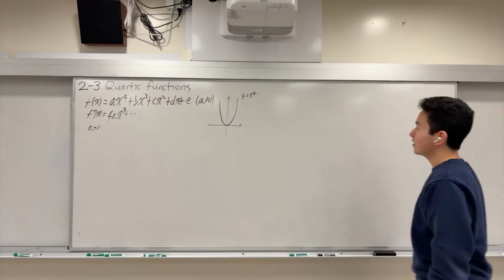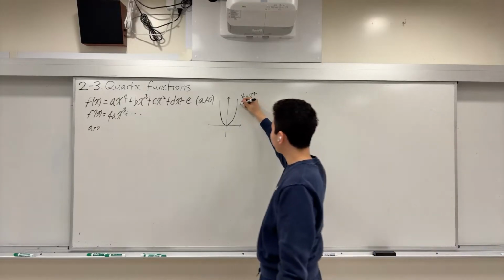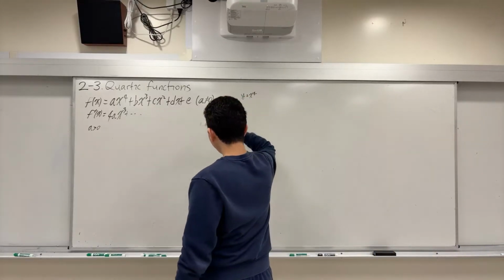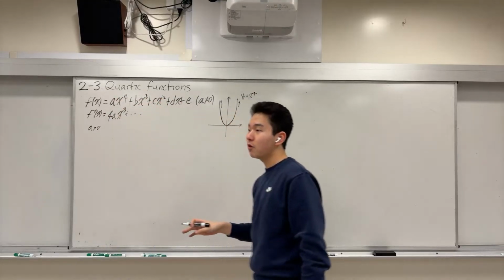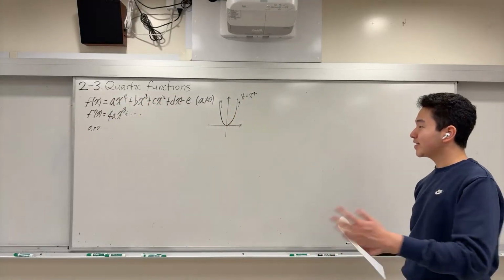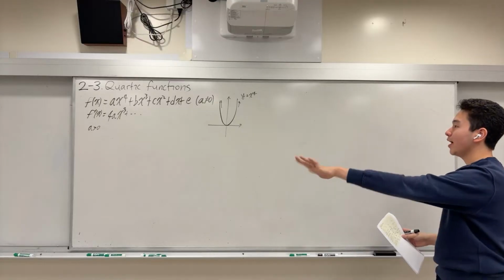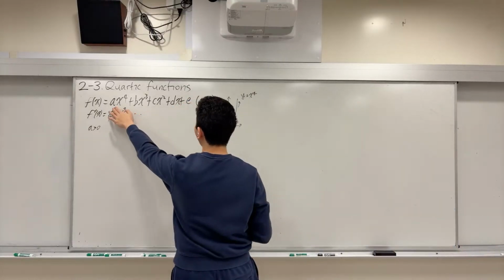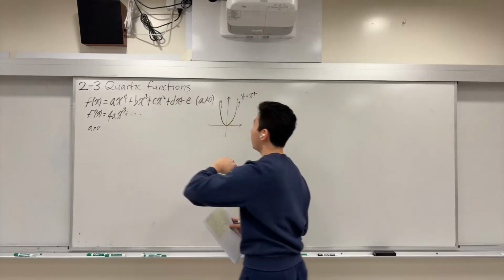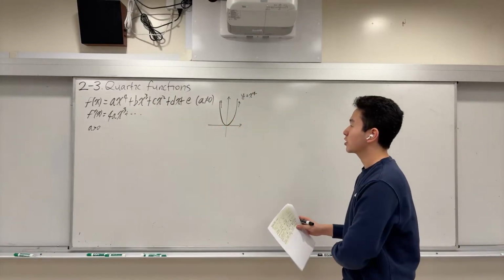So all you want to check here is the end behavior. This x to the power of 4 term will basically dictate how things go at positive and negative infinities. This will grow or shrink far more than any of these terms will when we get to very large or small numbers.